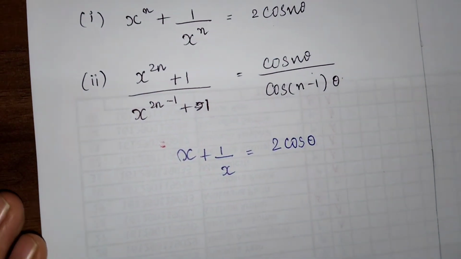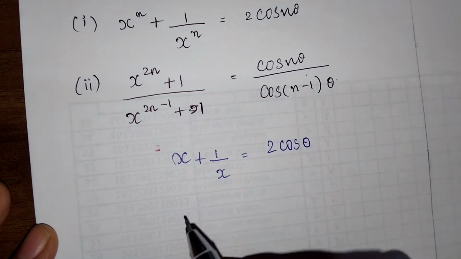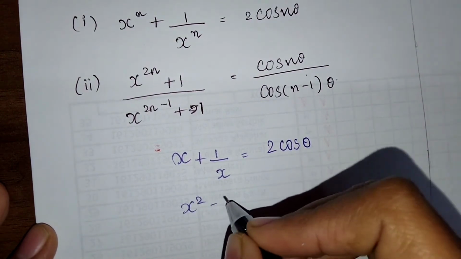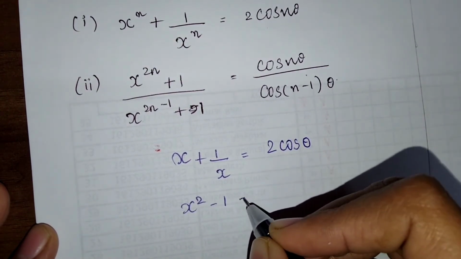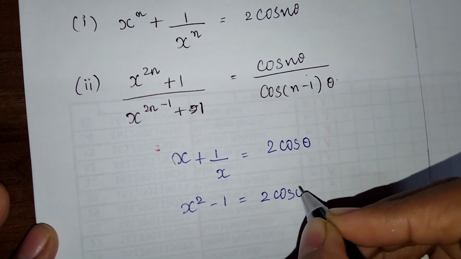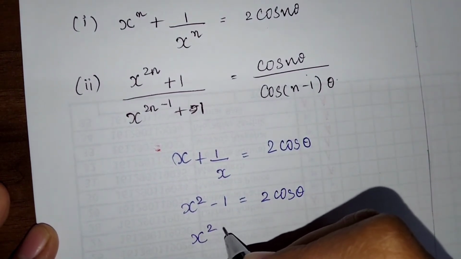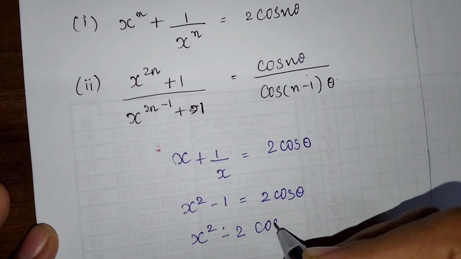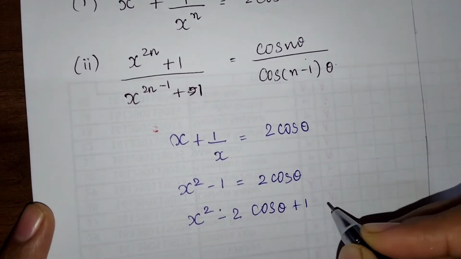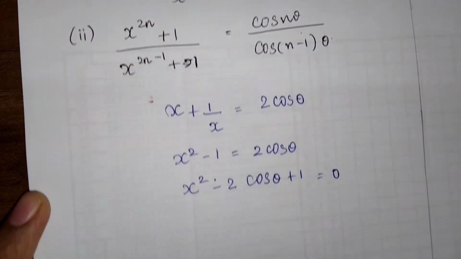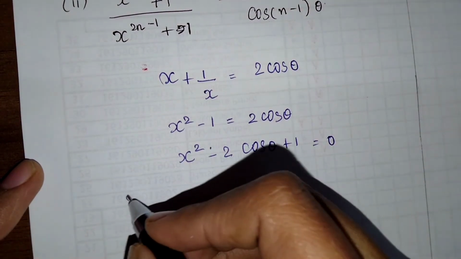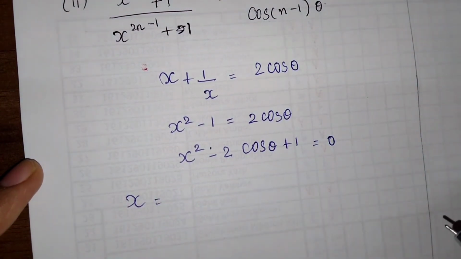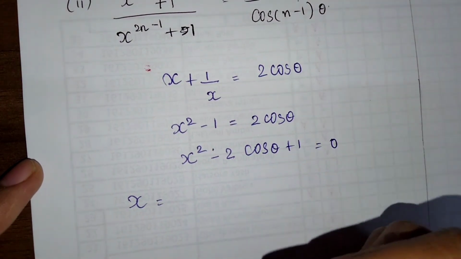Okay, so we will convert it into the form of an equation, that is x square plus 1 equal to 2x cos theta. If we write it, we get x square minus 2 cos theta x plus 1 equal to 0. And if we solve it according to minus b plus or minus under root b square minus 4ac upon 2a, then we will get its roots.